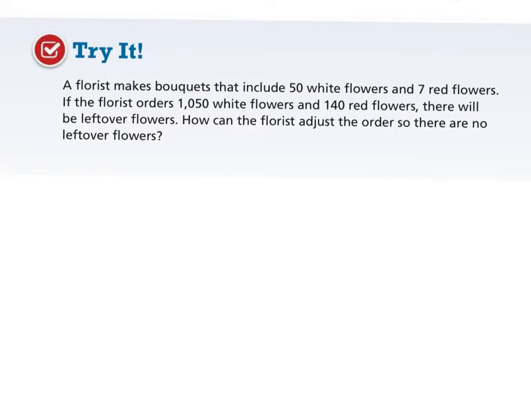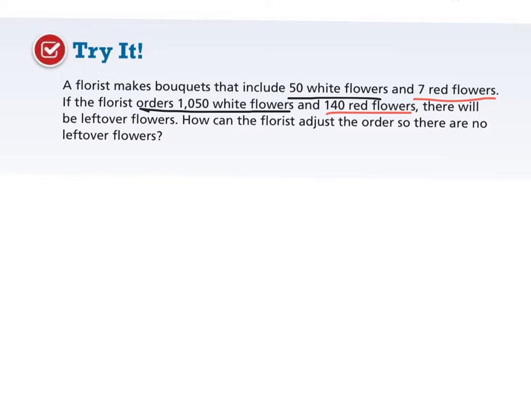If you look at the try it, a florist makes bouquets that include 50 white flowers and 7 red flowers. And the florist orders 1,050 white flowers and 140 red flowers. There would be leftover flowers.